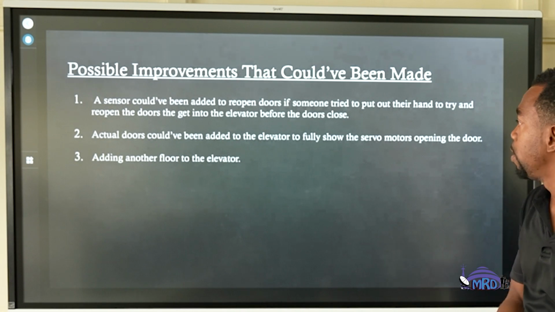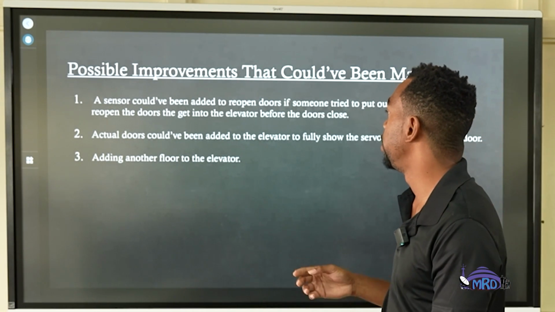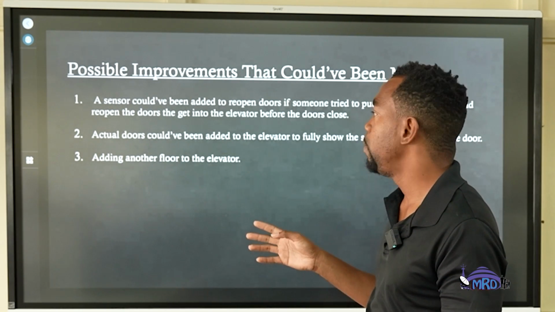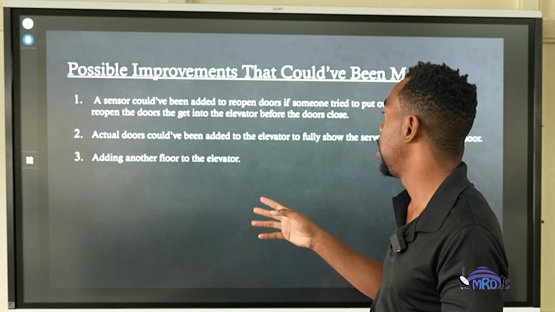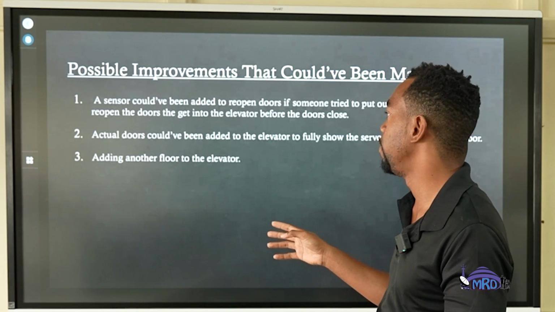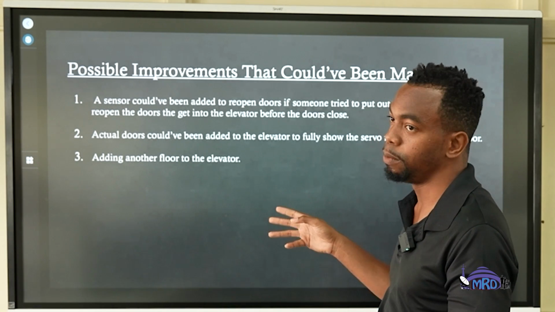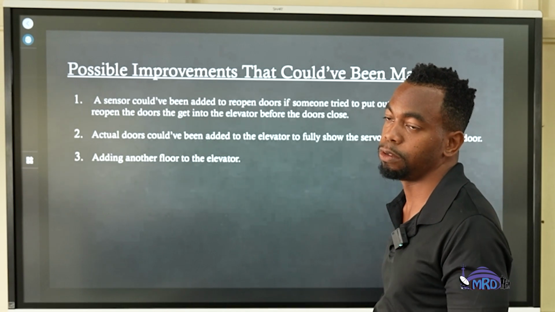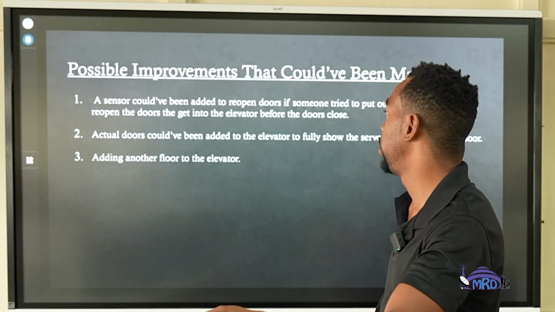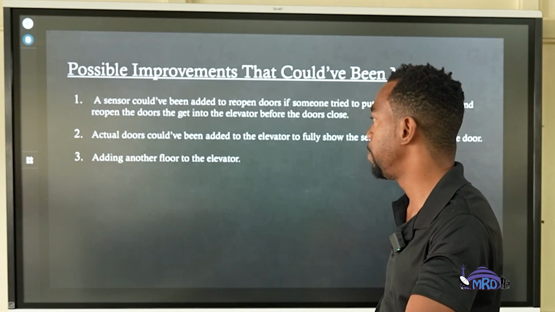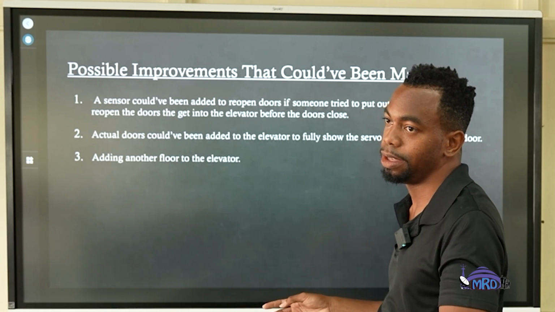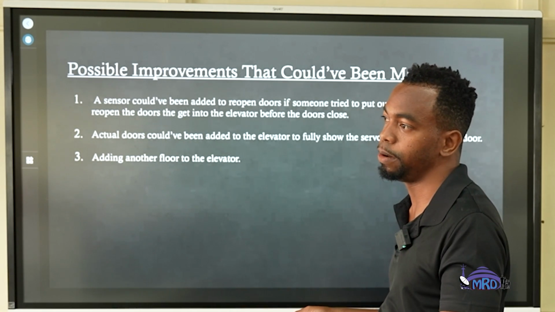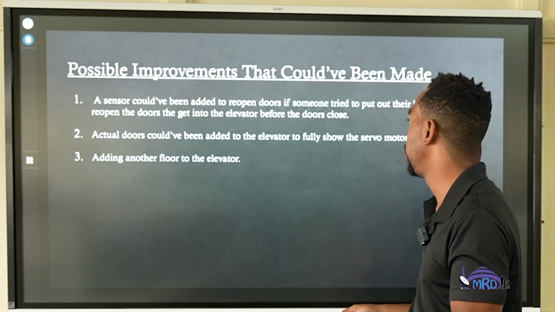Right. Possible improvements that could have been made. Initially, we wanted a sensor that would have been attached to the frame of the elevator, where if someone tried to come within a certain distance and stick out their hand, the sensor would detect the person and the doors would open if the button was already pushed to carry it up to a floor.